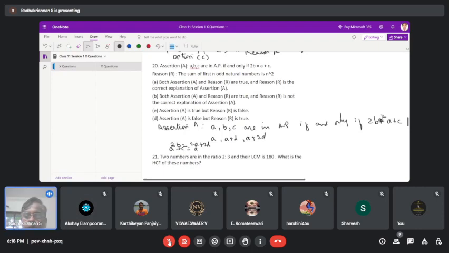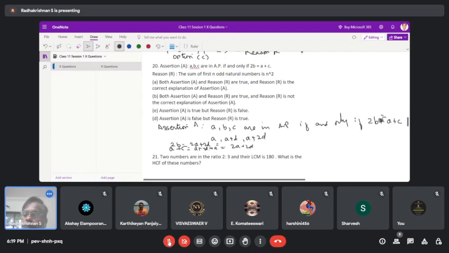Very good. So 2B is 2A plus 2D, and A plus C is A plus A plus 2D, which is again 2A plus 2D.